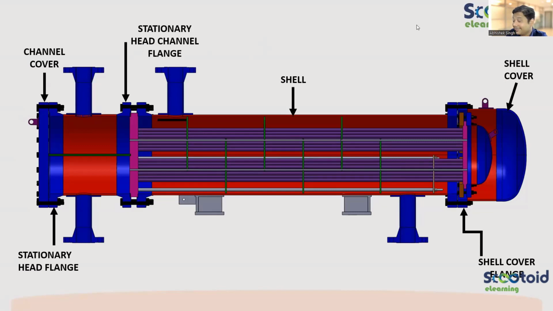This is the channel flange. Don't worry if you don't remember all the parts. It does not matter. You just need to identify what the parts are. Even if you don't remember, it's perfectly fine. But you should at least know that this is a flange. That is good enough.